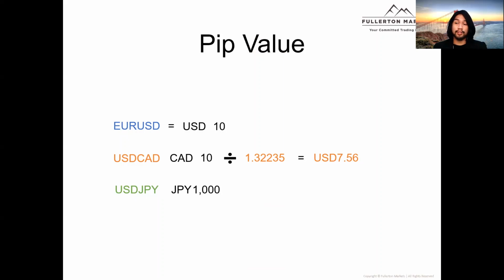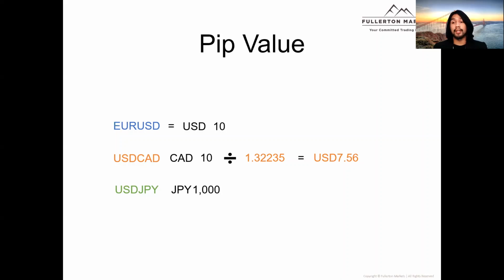This is already in US dollars. Earlier it was in Canadian dollars, now it is in US dollars. So 1 pip movement on the USD versus Canadian dollar is $7.56, while 1 pip on the euro dollar will get you 10 US dollars. So that's a difference of 2.40 US dollars.